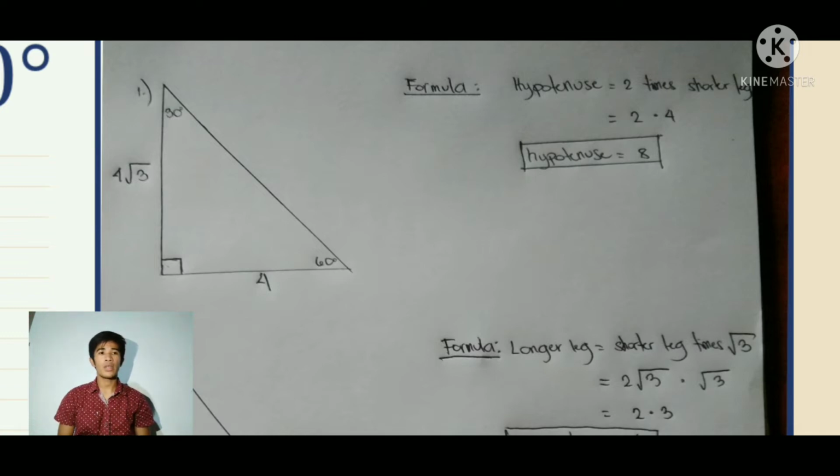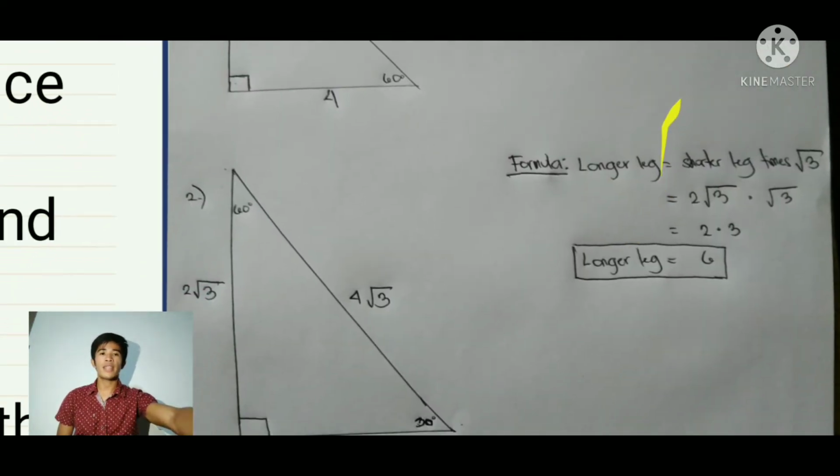So, substitute 2 times, what is the value of our shorter leg? 4. So, 2 times 4, of course, 8. So, that will be our final answer. 8 is the value of the hypotenuse. Did you get it? Okay.